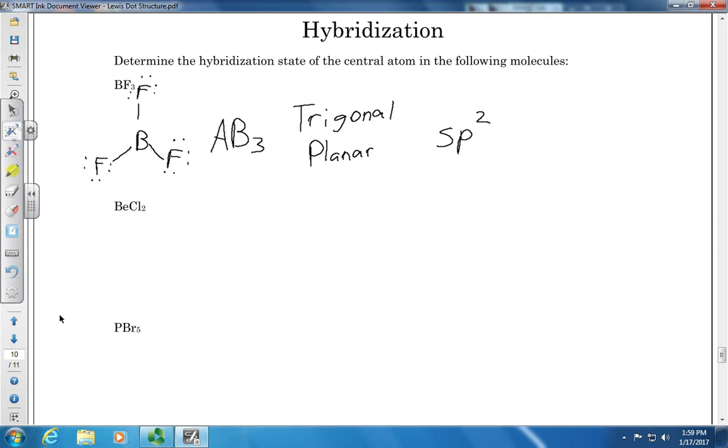The fluorines are still going to follow the same rules, but it is the central atom that's going to slightly skew because of the pull that the surrounding atoms have on the central atom's electron cloud.